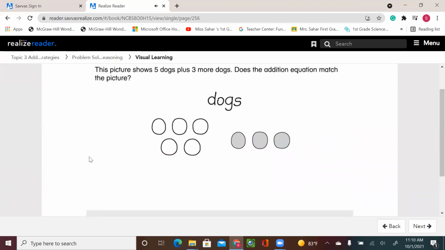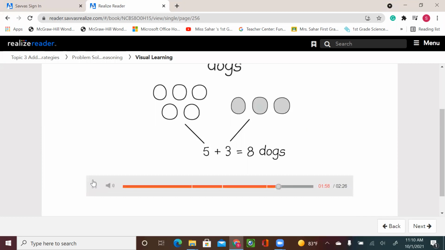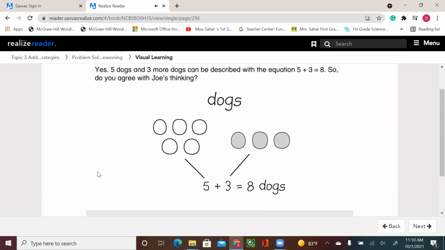This picture shows 5 dogs plus 3 more dogs. Does the addition equation match the picture? Yes. 5 dogs and 3 more dogs can be described with the equation 5 plus 3 equals 8.